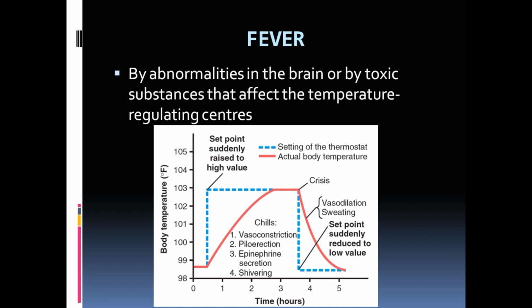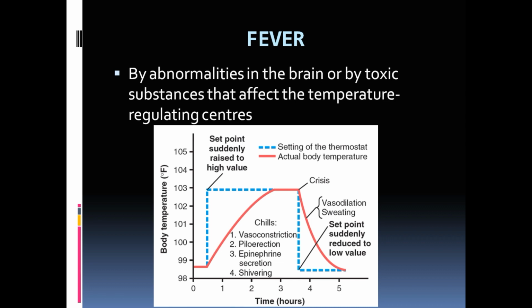That means the toxic substances which are released from bacterial cell walls, the lipopolysaccharides, and the protein degradation substances which are released from the degrading tissues of the body. These toxic substances act on the temperature regulating center present in the posterior hypothalamus and cause the fever.